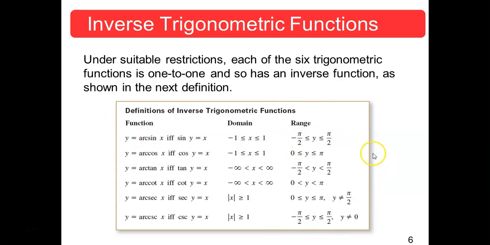It always puts you in these intervals. So as you can see, sine of y has the domain from minus pi over 2 to pi over 2. Cosine has from 0 to pi. Tangent has from minus pi over 2 to pi over 2, not including the endpoints. And then so on and so forth for the rest of them.